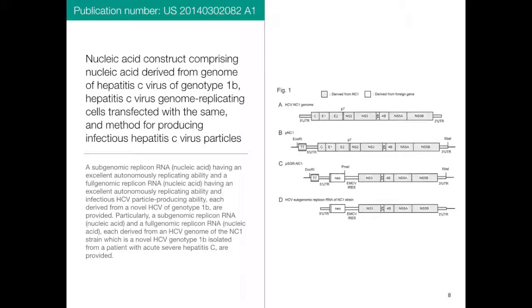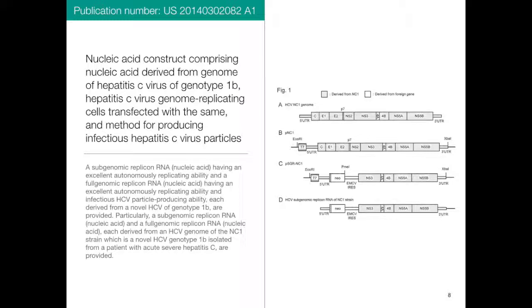Number 7. Nucleic acid construct comprising nucleic acid derived from genome of hepatitis C virus of genotype 1b, hepatitis C virus genome replicating cells transfected with the same, and method for producing infectious hepatitis C virus particles. A subgenomic replicon RNA, nucleic acid having an excellent autonomously replicating ability and a full genomic replicon RNA, nucleic acid having an excellent autonomously replicating ability and infectious HCV particle producing ability, each derived from a novel HCV of genotype 1b, are provided.